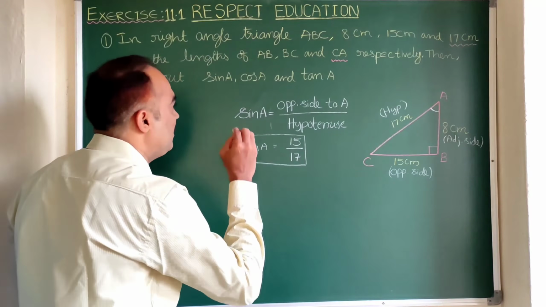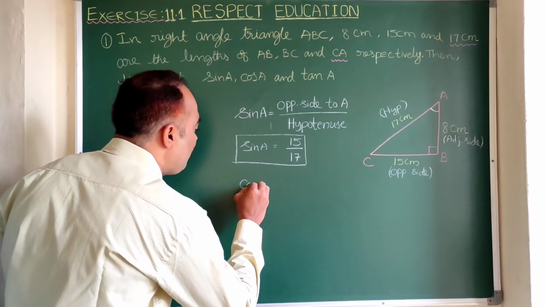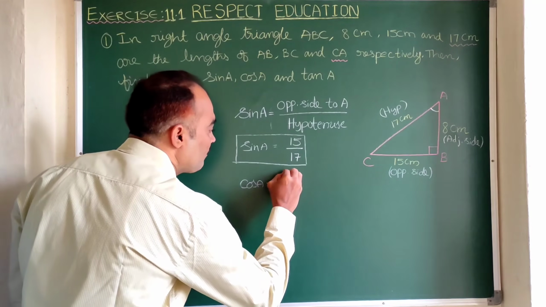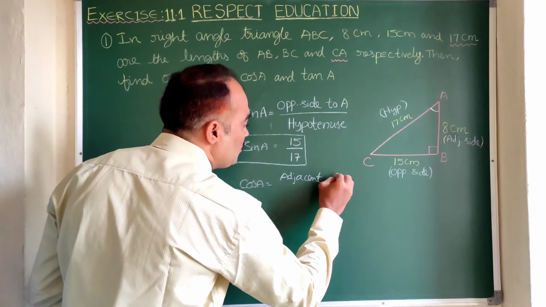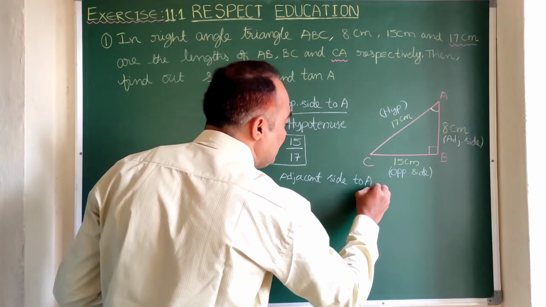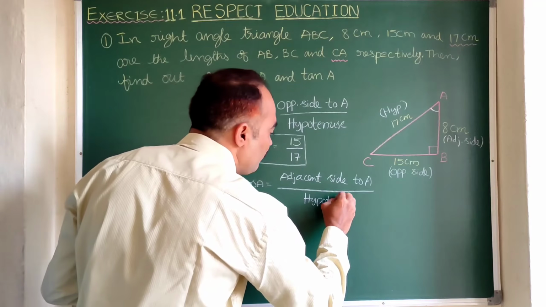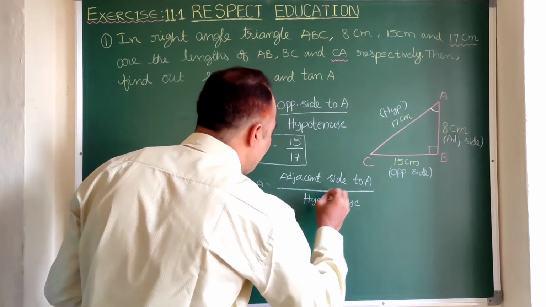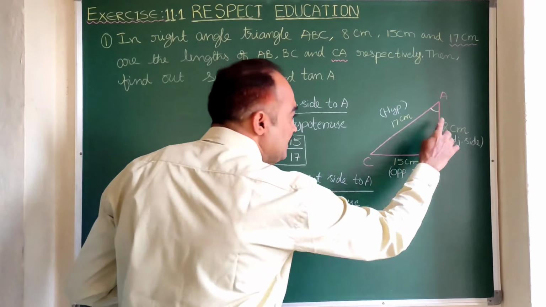Now the second bit is cos A. What is the formula of cos A? Adjacent side to theta or to A, whatever it is, by hypotenuse. So let us substitute values. What is the adjacent side? 8 centimeter.